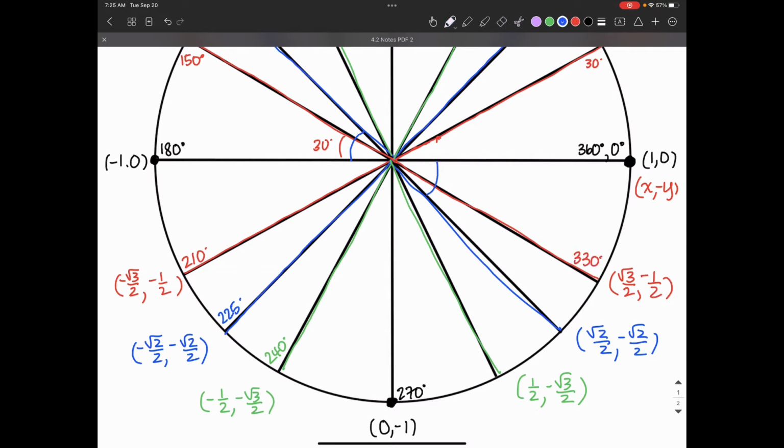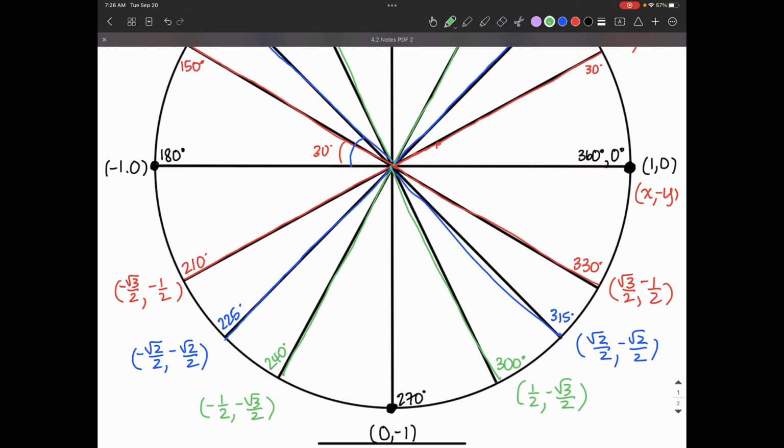I'm going to subtract 45 from 360 to get 315 degrees. And then from the x-axis to here would be 60 degrees. So going positive direction to get there, that would be 360 minus 60, which is 300 degrees.